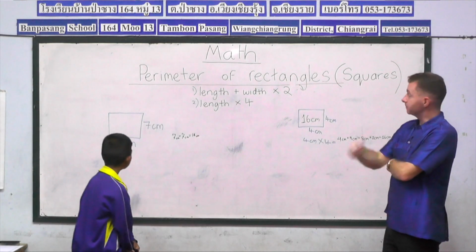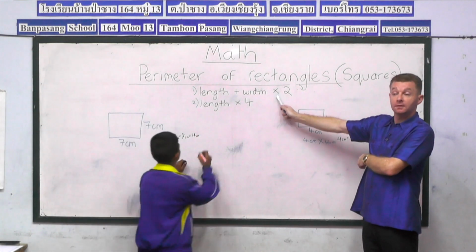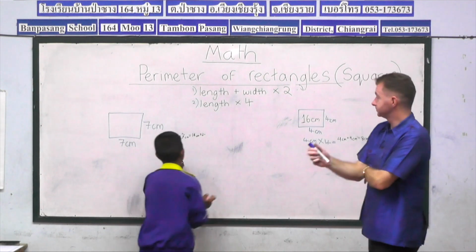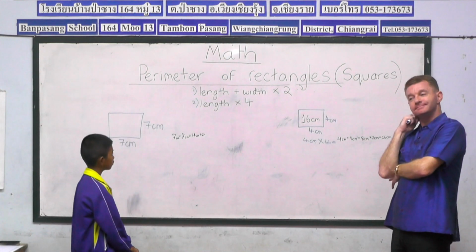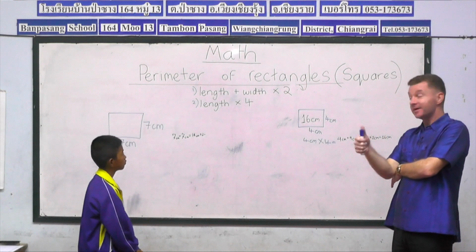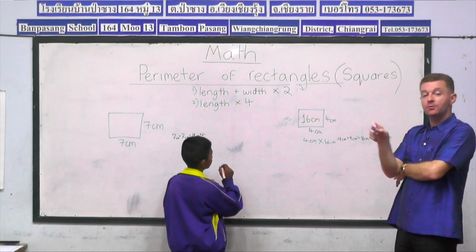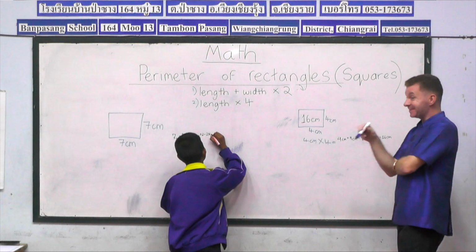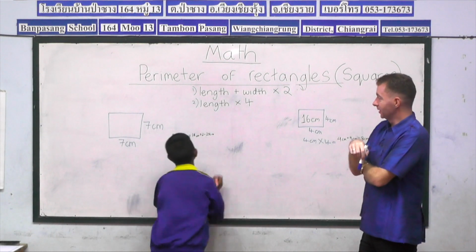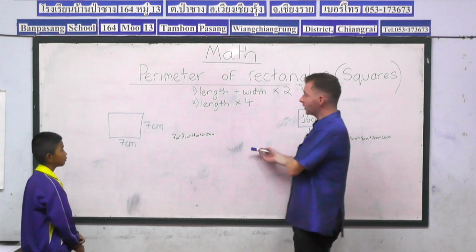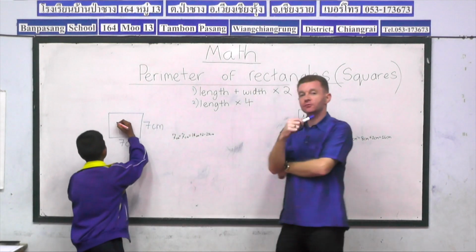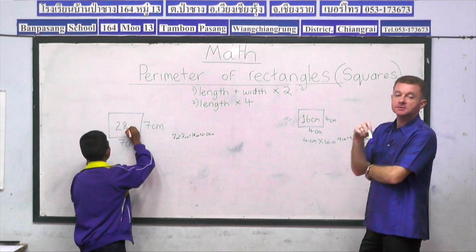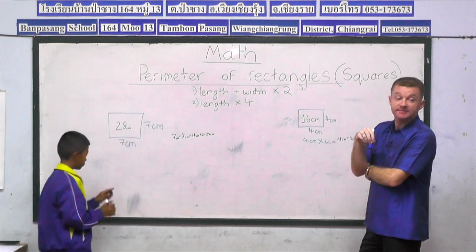Brilliant. But what does Pat need to do next? Times 2. 14 centimeters times 2. Perfect. 14 centimeters times 2 equals 28 centimeters. So Pat, you've got your answer. Well done. Can you write your answer inside the square? What's our answer, guys? 28 centimeters.